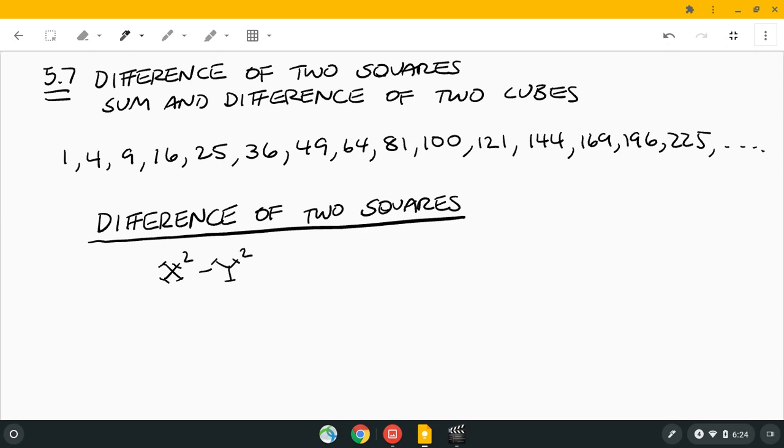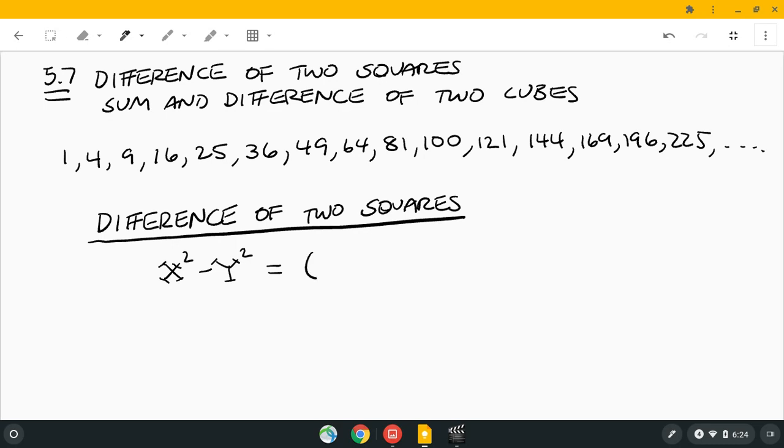So maybe it is x squared, or maybe it's 16x squared. Whatever that first term is, x squared minus y squared. When you factor this, it's a very easy factor.